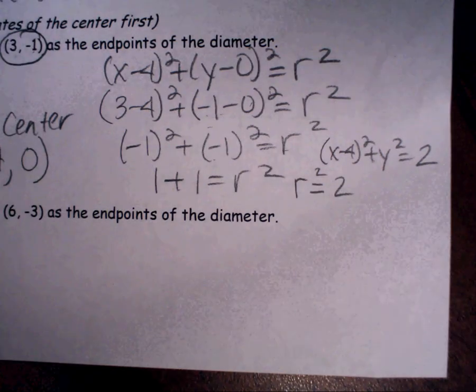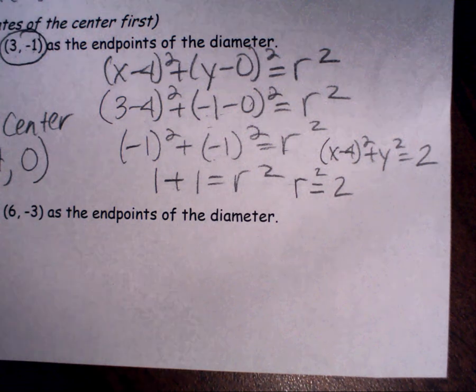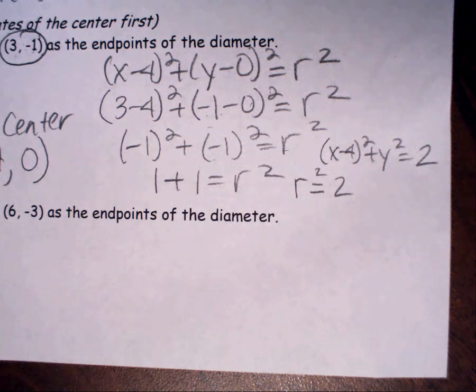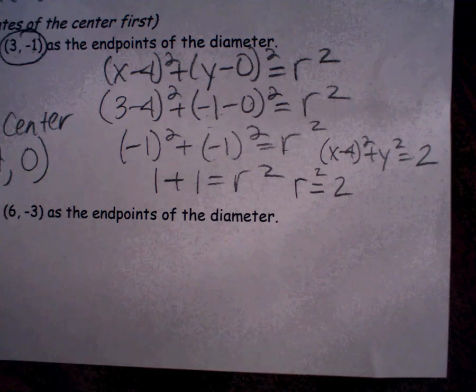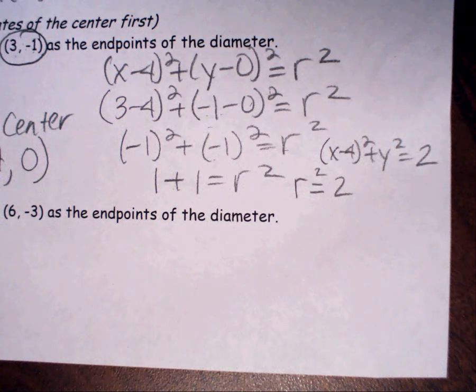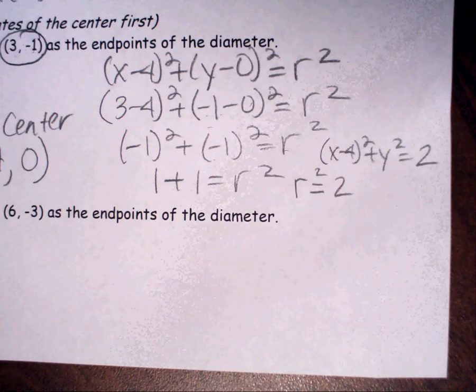So, if you wanted to, you could try number 7 before I start beginning work on it. It's a lot like 6. Okay, hopefully at this point you're doing the midpoint formula.